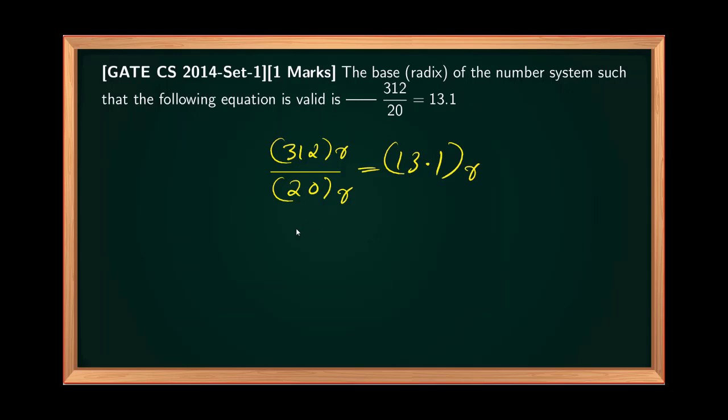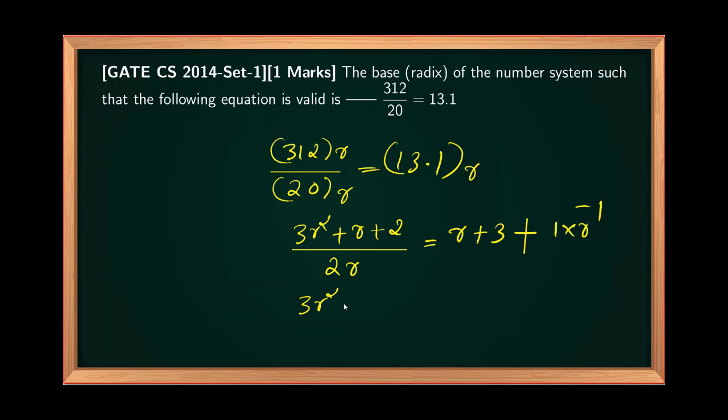Converting into decimal equivalents, (3r squared plus r plus 2) upon 2r equals (r plus 3 plus 1 multiplied by r power minus 1).